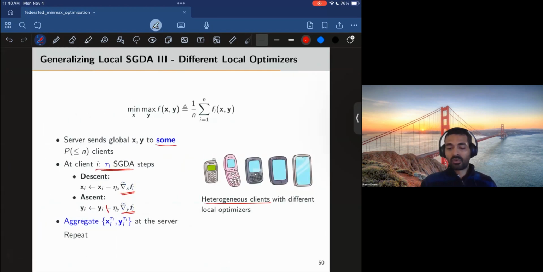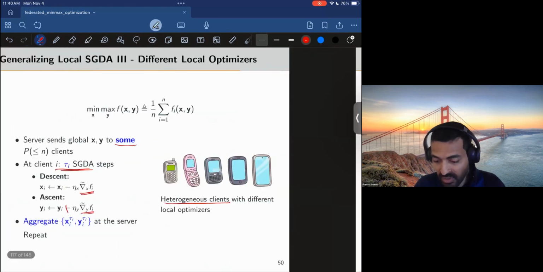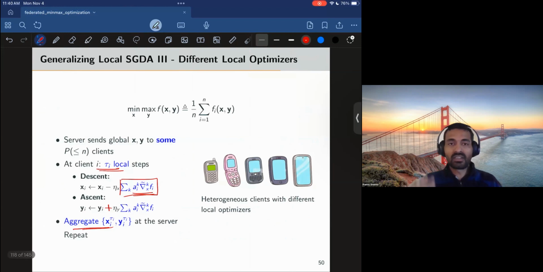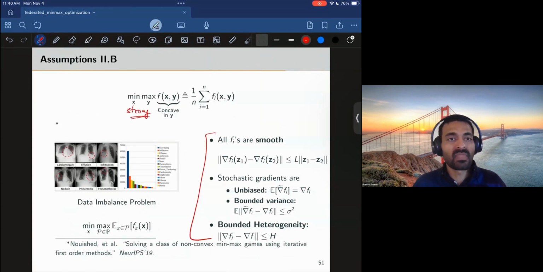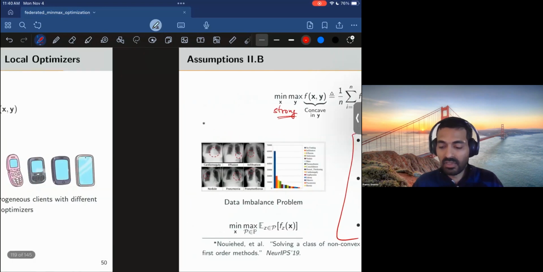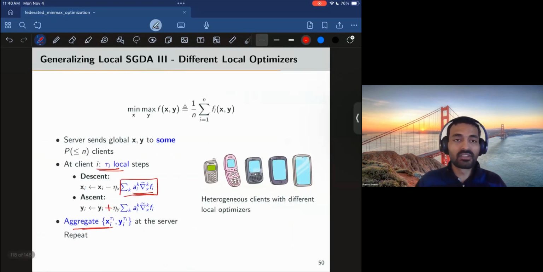Okay. So far, what we discussed was one class of problems where we had these sets of assumptions and we had strong concavity in Y. We discussed the complexity results, what kind of convergence local SGDA gets, and we generalized it in several ways.